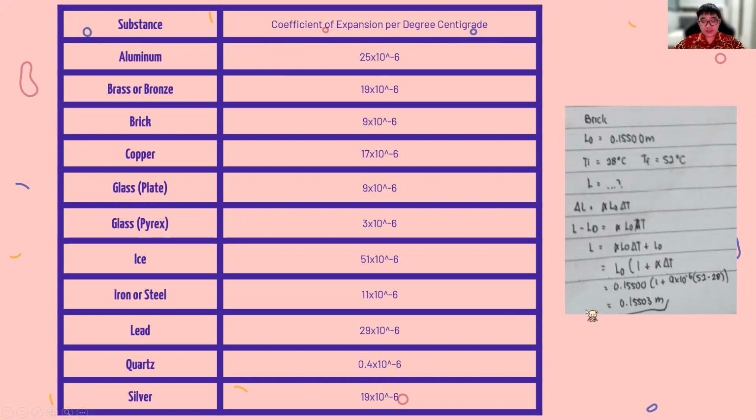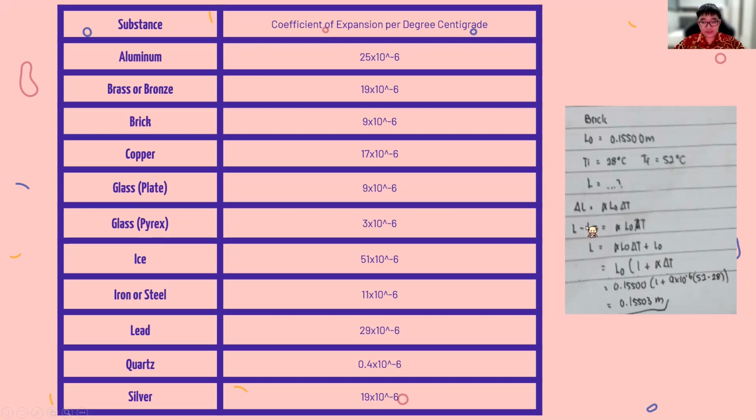For example, this question asks about a brick with the initial length of 0.15500 meters, with the initial temperature of 28 and the final temperature of 52, which will give us the change of temperature of 24 degrees Celsius, which we'll put in this formula because we need to find the final length.